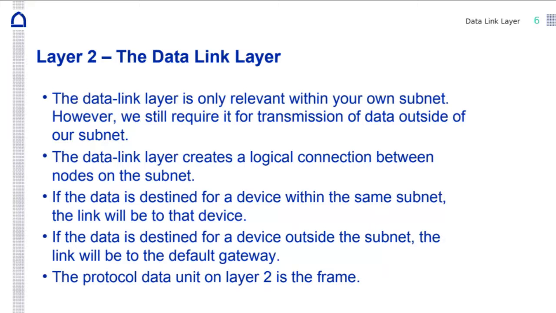The data link layer creates a logical connection between nodes on the subnet. If the data is destined for a device within the same subnet, we have no problem. The link is there because it's creating the connection if it's in the same subnet.